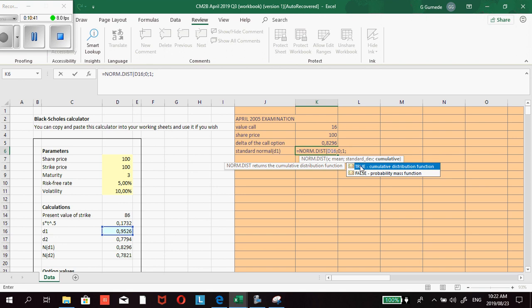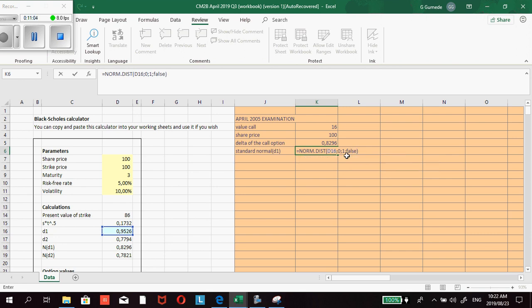They tell me to put true if I want the cumulative distribution function, and false if I want the probability mass function. Now I want the probability mass function, remember phi of d1, so I'm going to put false.